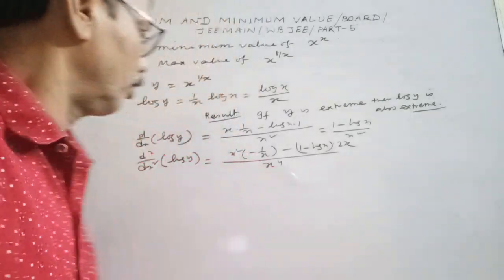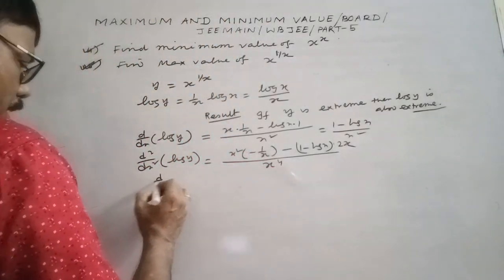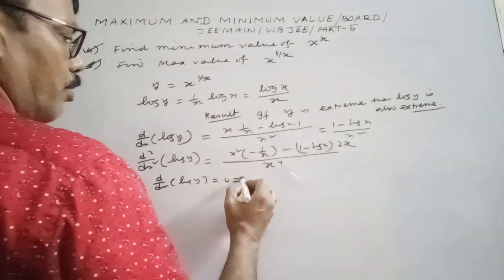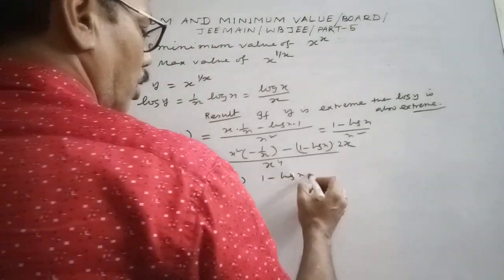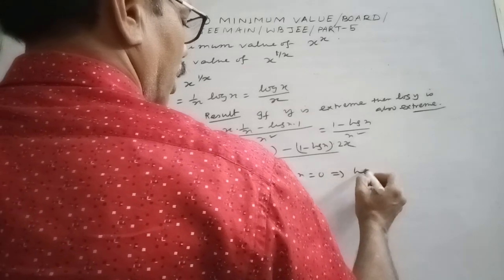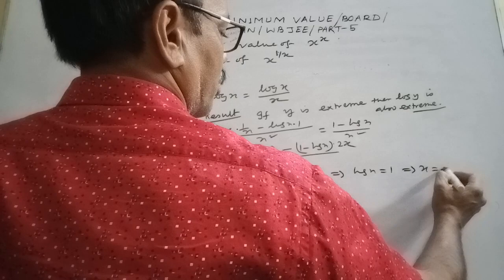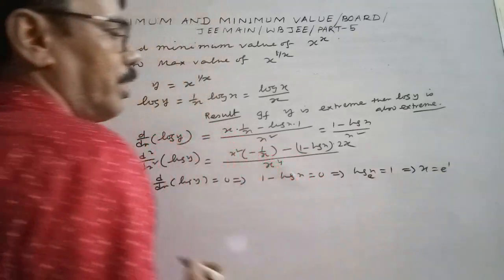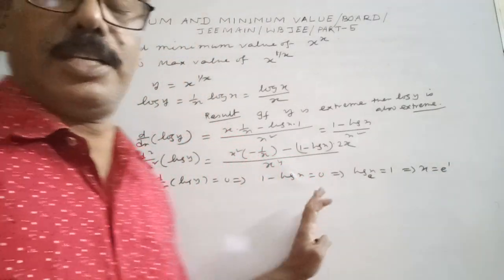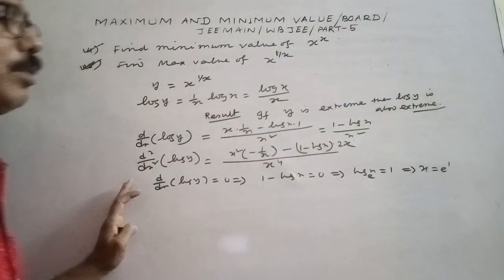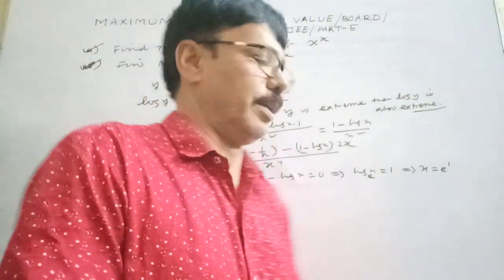Now d/dx of log y equals 0 implies 1 minus log x equals 0. That is log x equals 1, that is x equals e to the power 1, that is e. The function may have a maximum or minimum value at x equals e.